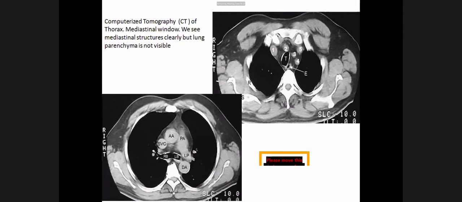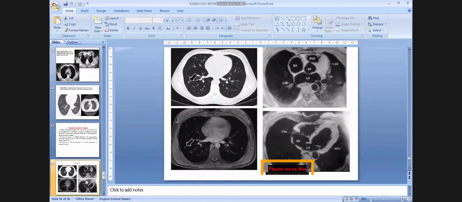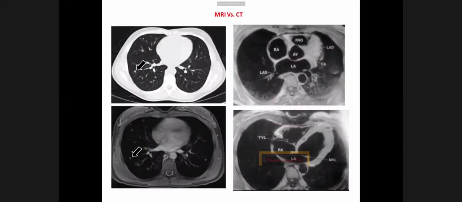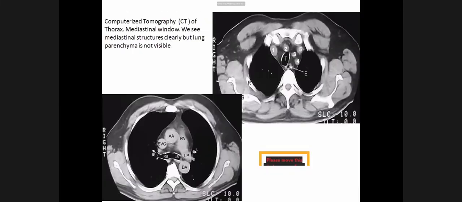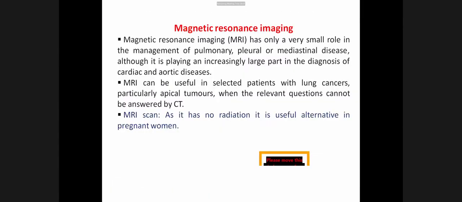Any question? Doctor, in slide number 34, the last one. We said that something axial. What's the question about this answer? What is the modality? And what is the plane? Is it axial, coronal, or sagittal?